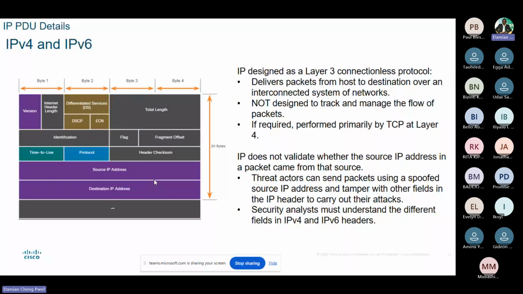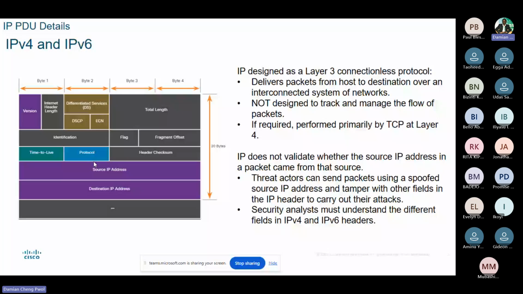IP does not validate whether the source IP address in a packet came from that source. So threat actors can send packets using a spoofed source IP address and tamper with other fields in the IP header to carry out their attack. That is why it is important you have a full grasp of this, so you have an idea of what attackers do.